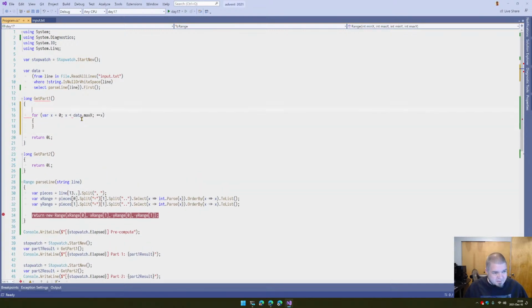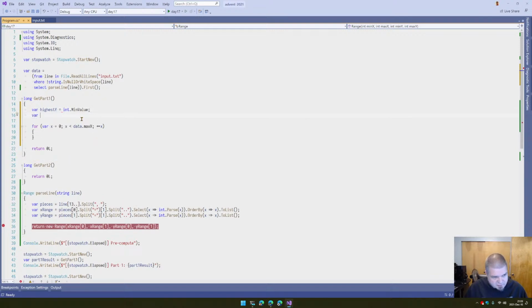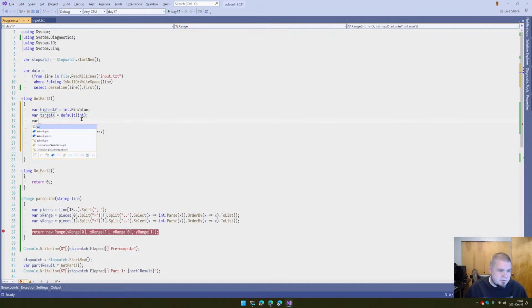So for each one of these x's, let's say highest y is going to be int min value to start. And then target x is a default int. Target y is a default int. Okay.